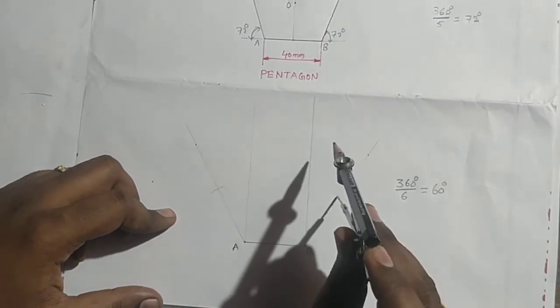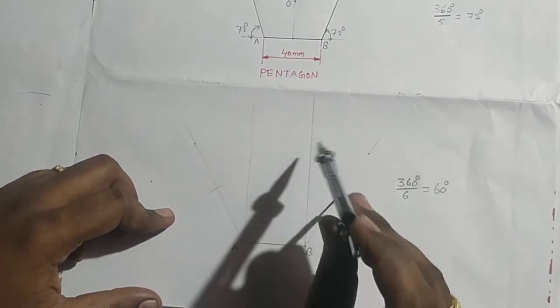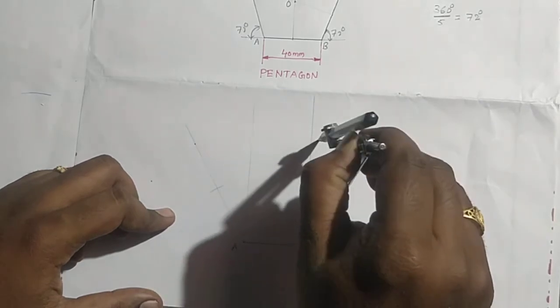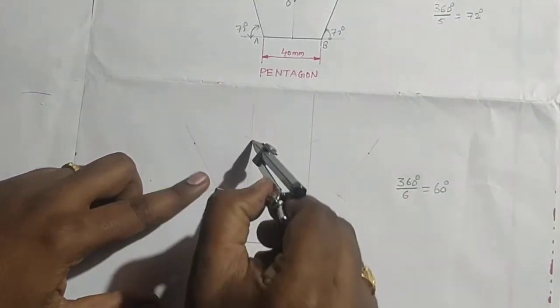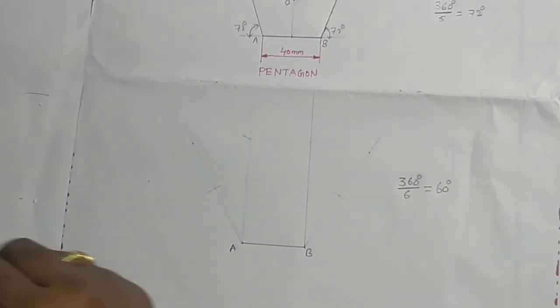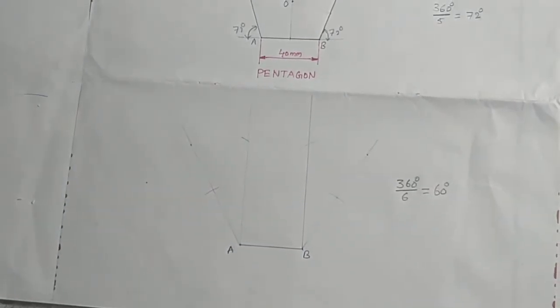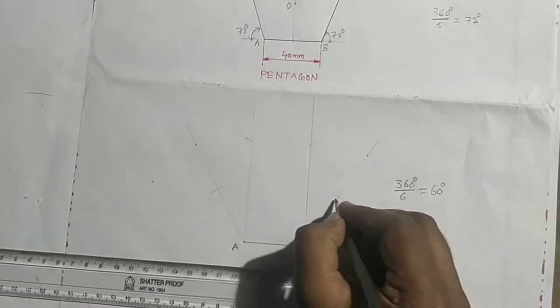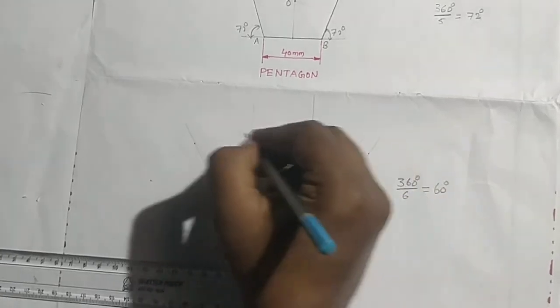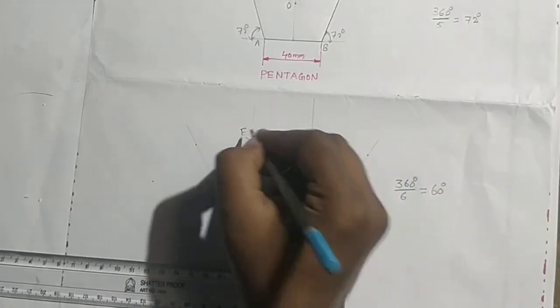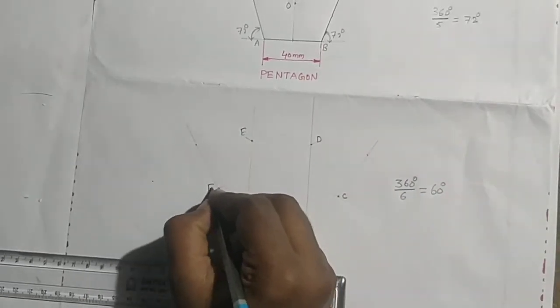From this point, cut this vertical line. From this point, cut this perpendicular bisector. We got 4 different points. That is A, B, and this one is C, this one is D, this one is E, and this one is F.